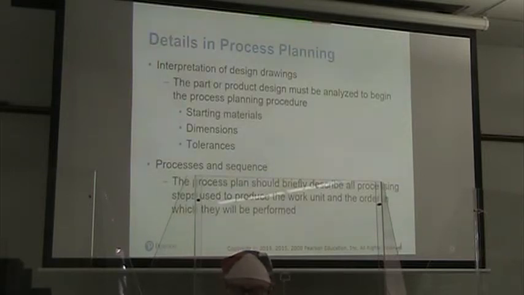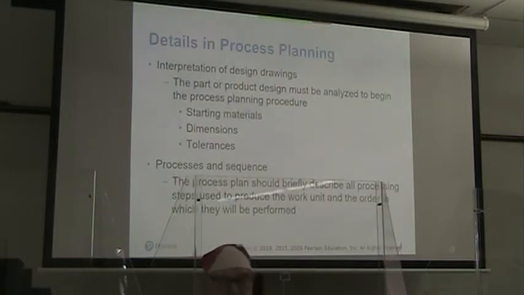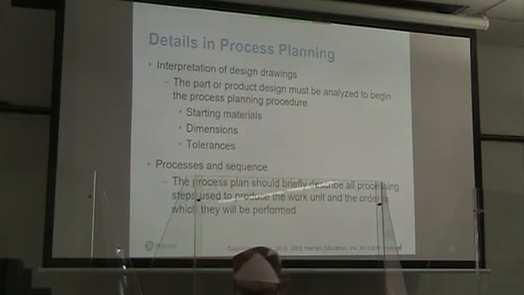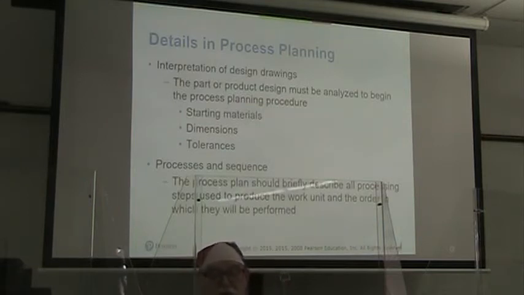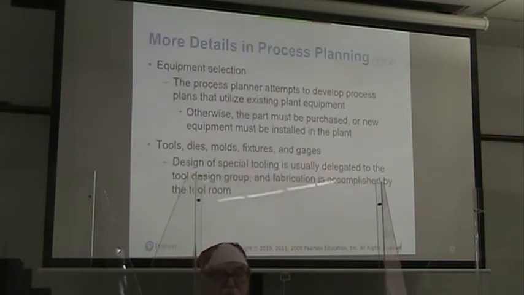So all of those will make a difference as far as what processes we use. So when we think of our process with the sequence, our process plan needs to describe all the processing steps that we are going to use to produce the work unit and the order in which they're going to be performed.